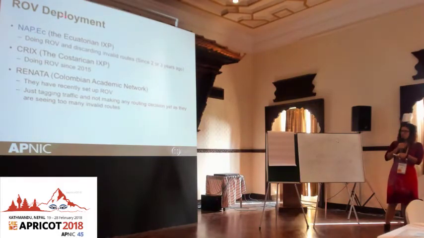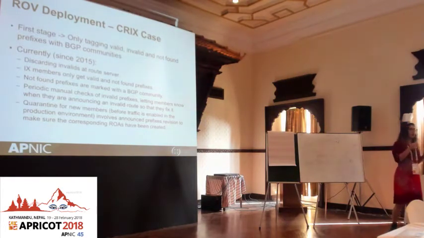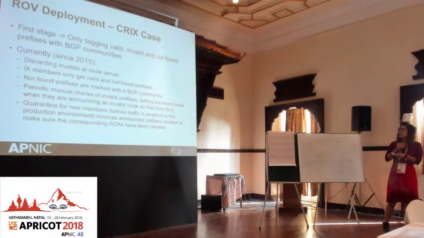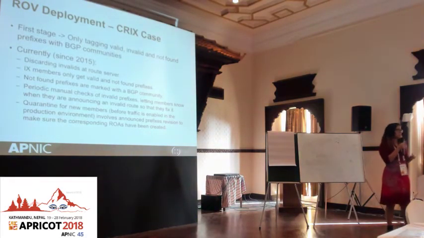And in particular, I wanted to show the case of Costa Rica, because it's a good example of how you can deploy this in your network. They started by setting up origin validation in their routers, but just tagging prefixes using BGP communities, not discarding or making any decision on the routing based on this, because they wanted to see how many prefixes are invalid and how many prefixes are not found.